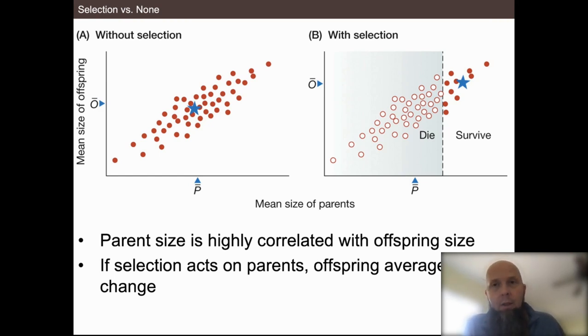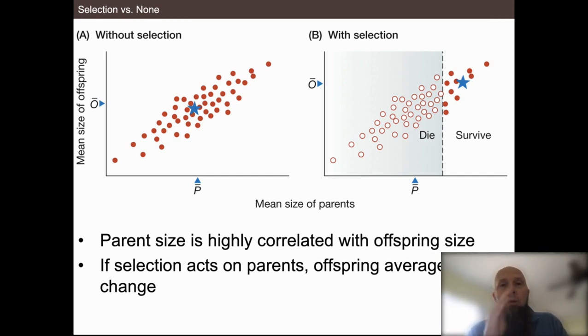Now on the right, what is illustrated is the same population, but here we've got selection where only the largest individuals survive. Okay, so the population has the exact same variation in it, but when selection removes every individual parent that is smaller than that dashed line, every parent to the left of that dashed line dies.